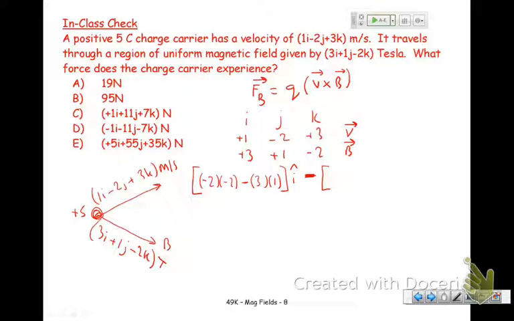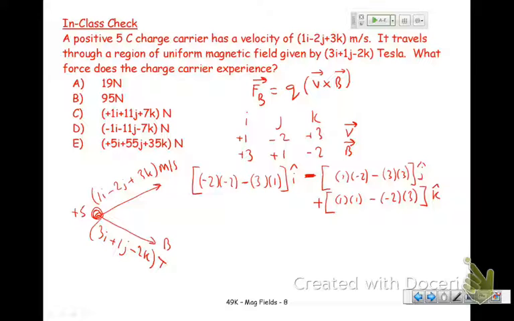So I go 1 times minus 2, minus 3 times 3. And that's going to be J. I'm going to put the K underneath, plus K. And I put my finger over the last column, and I go 1 times 1, minus minus 2 times 3. That's K.